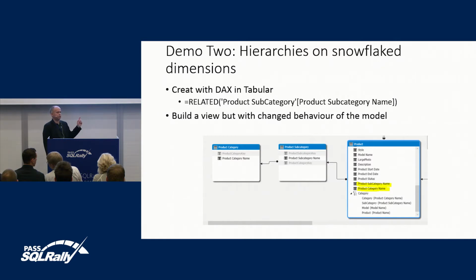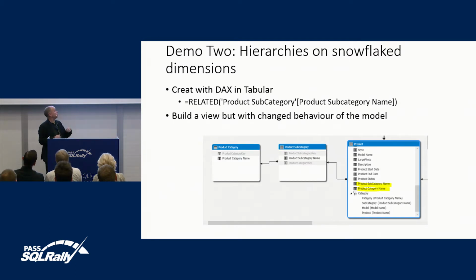We have product here, in the middle product subcategory, and product category at the top. One way to solve this is to build a view, so you have one table. But we did not choose to do that because it looked like this in the multidimensional dimension as well, so we did not want to confuse the users.